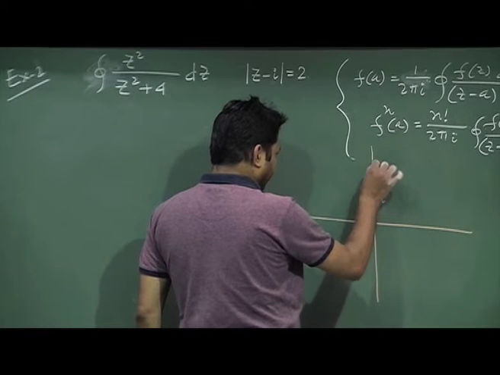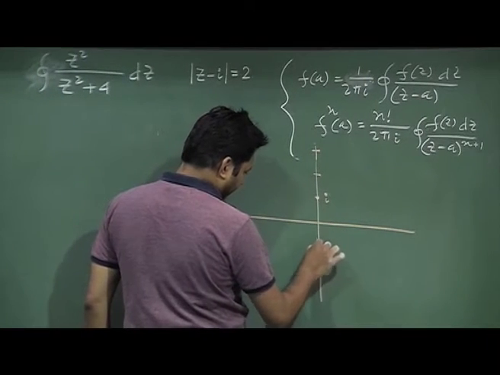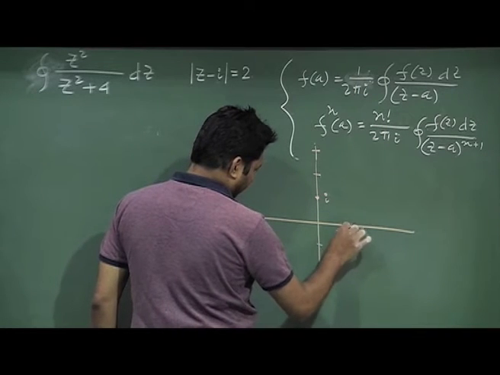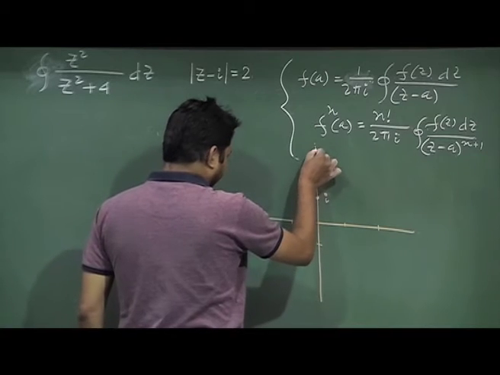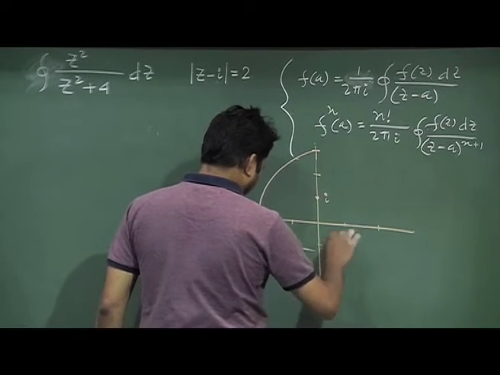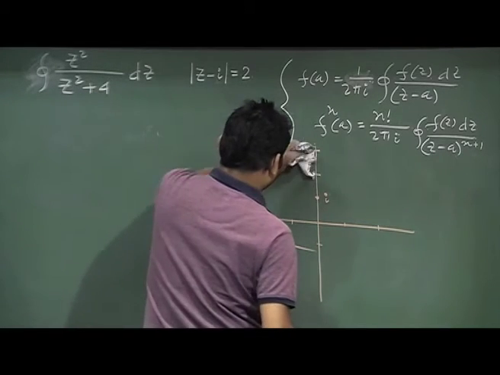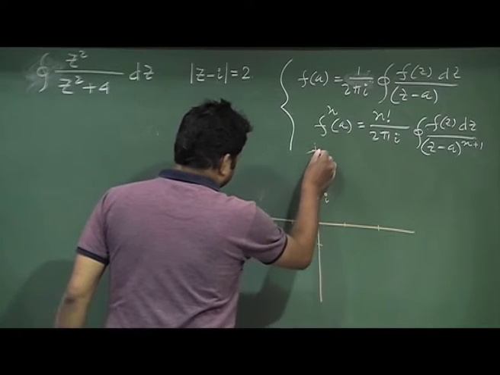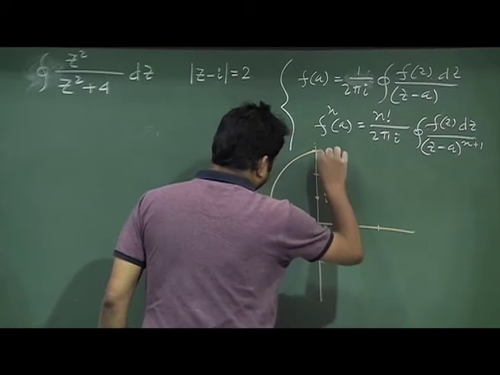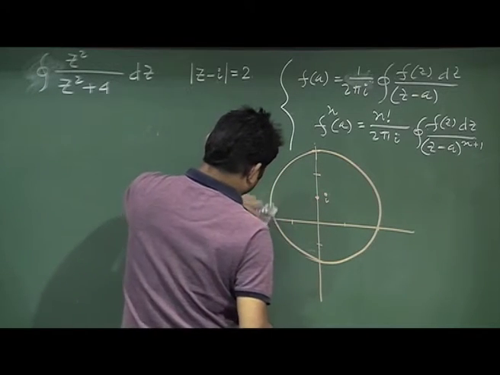This is 1 unit, this is 2 units. So my circle will be something like this. Okay, it looks like a very bad circle, something like this.